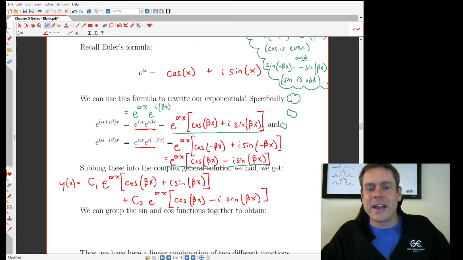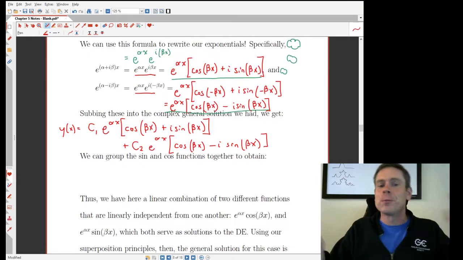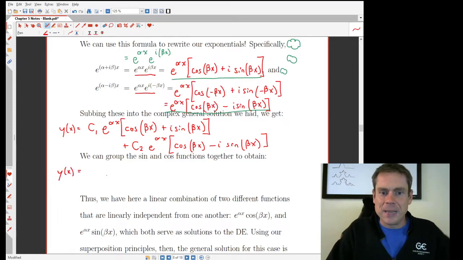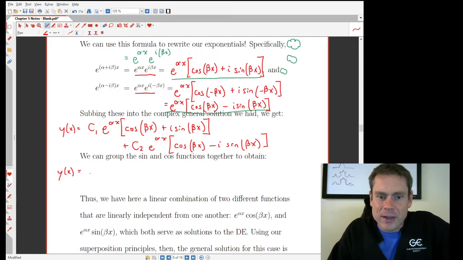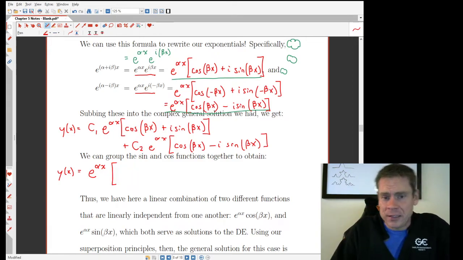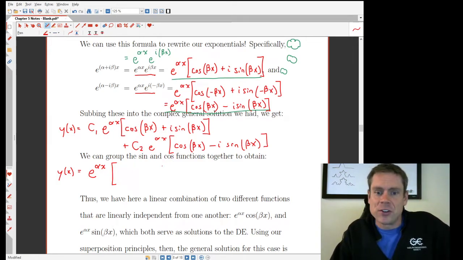And this doesn't look like it helps at all, but what we're actually going to do is group the sine and cosine functions together. The exponentials look like they're fine. So I'll factor those out front actually. I'm going to say, let's write e to the alpha x outside everything else. And then if I bring together the cosine functions, I'm going to get here in the first one, c1 cos of beta x.